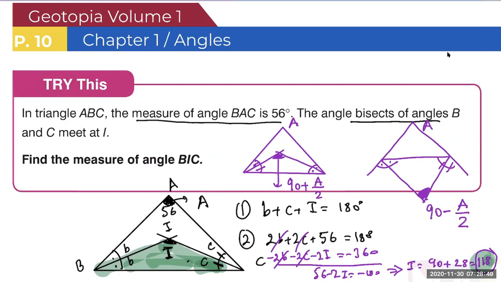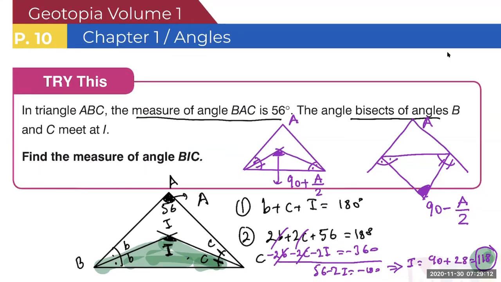If they connect inside, 90 plus A over 2. If two angle bisect connect outside, 90 minus A over 2. That's very useful. Proof will be what you just mentioned, the writing of the equation. Both proofs will come from your way. So that's good.